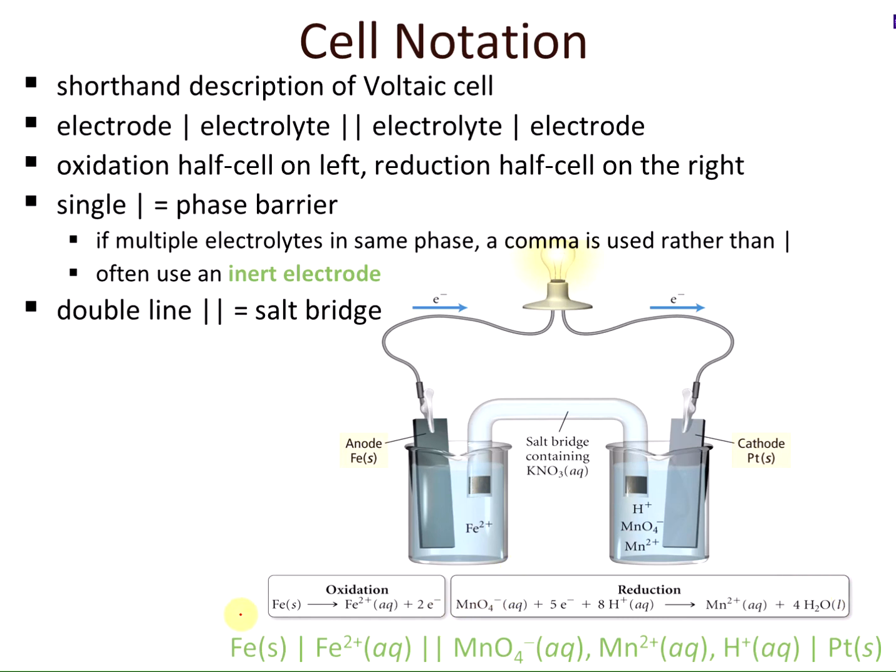So to write the cell notation, we have iron going to iron 2+, that's the first half reaction, the oxidation. But at the reduction, we have the MnO4- separated with a comma, and the Mn2+ aqueous, and the H+ aqueous, and then the line to represent going from the aqueous to the solid phase, and the solid phase here is the platinum cathode.